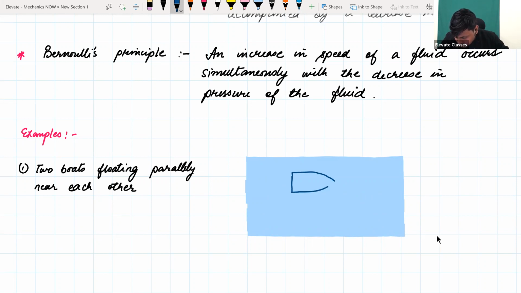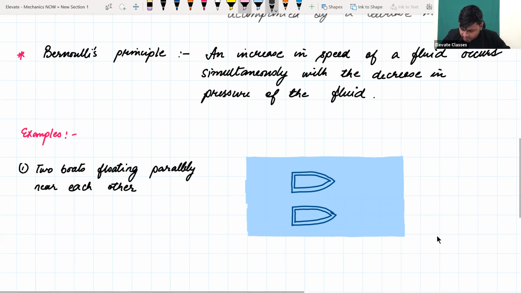Looking from above, this is a top view, and this is boat number 2. As both the boats are moving through the river, the water around them has a relative velocity with respect to the boat. So the water around it will flow sideways.